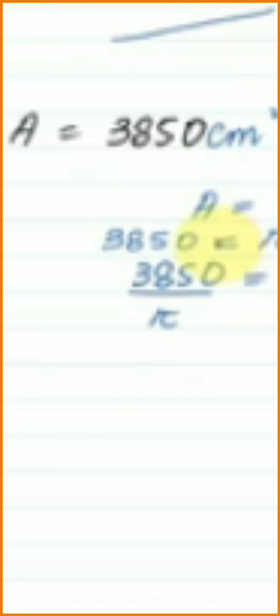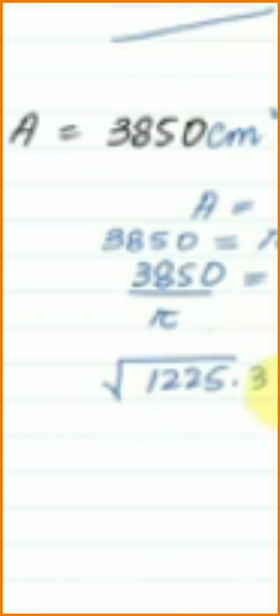Now you can find the value of r easily. So 3850 divided by pi is equal to r square. If you divide it, 3850 divided by pi is 1225.3, equal to r square. Now you need to apply root on both sides. So the final answer of radius is 35 centimeter, right?